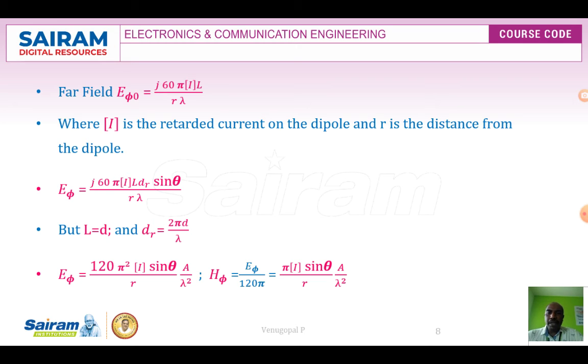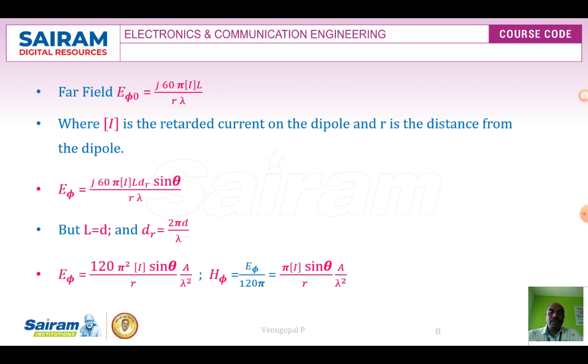Then E_θ0 becomes j into 60π L into dr sin θ by r into λ, but L is equal to d and dr is equal to 2πd by λ. You will get E_φ is equal to 120π² into I into sin θ by r into (a by λ)². Similarly, magnetic field H_θ becomes E_φ divided by 120π.